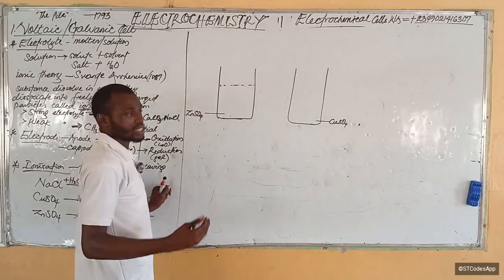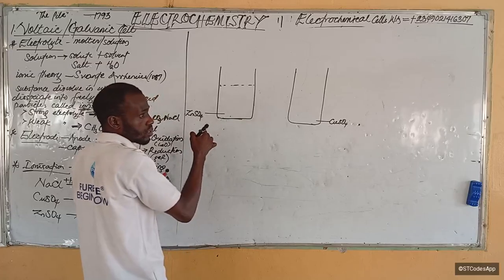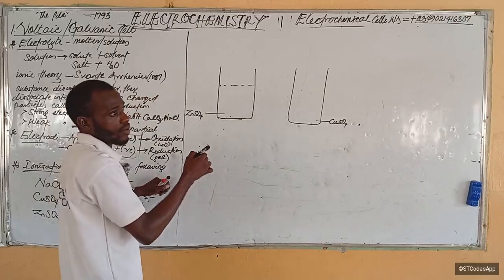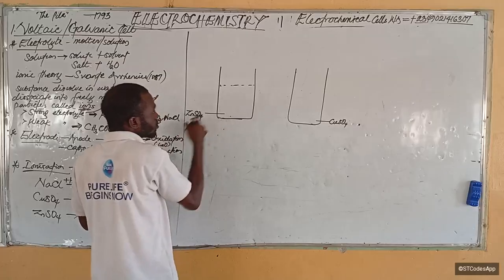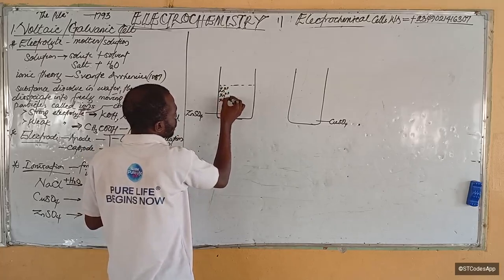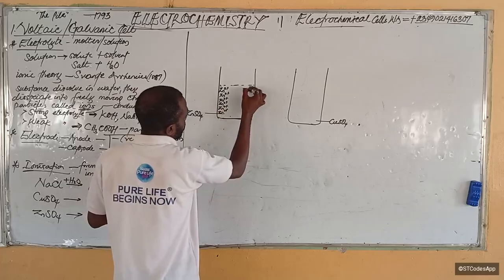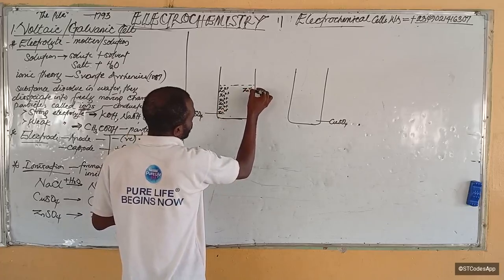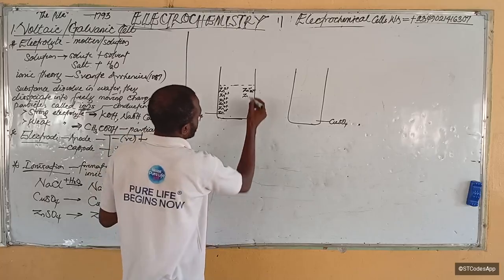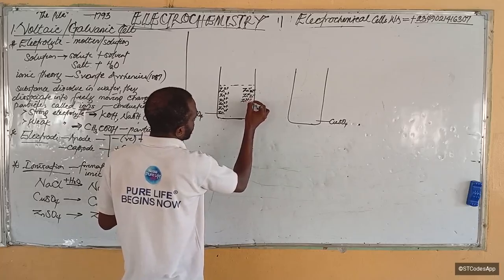When you pour your salt inside, what you will find inside this place are the ions of this salt, which is what? Zn2+, Zn2+, Zn2+.